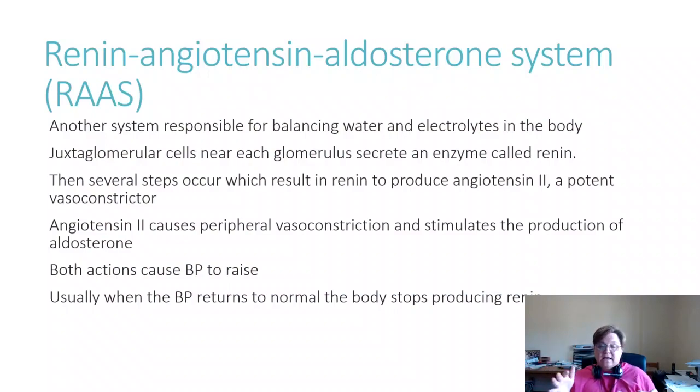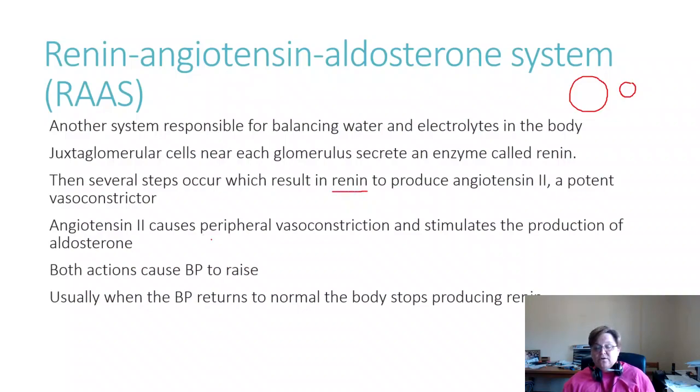There's several steps that result in renin producing angiotensin II, which is a potent vasoconstrictor. So to constrict or vasoconstrict, what that means is if we have a blood vessel that looks like this, if we constrict that blood vessel, the blood vessel is going to look like this, and we're going to have a smaller blood vessel, and that renin helps to make that happen.